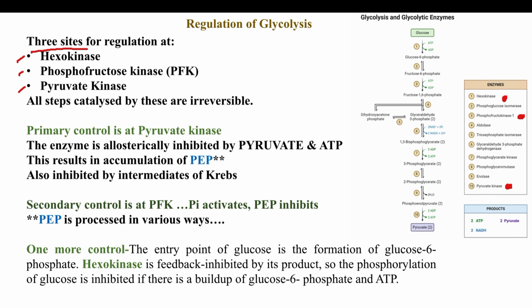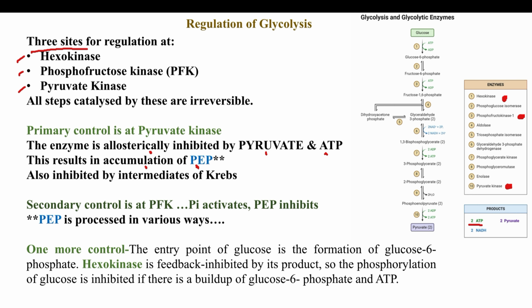These are inhibited allosterically by their substrate, pyruvate, and by the production of ATP. If ATP is too high or the amount of pyruvate is too high, pyruvate kinase will be automatically inhibited and PEP will accumulate. But PEP, as I told you, is a molecule which can be taken elsewhere. So it is clear that there is no accumulation and no toxicity spread.